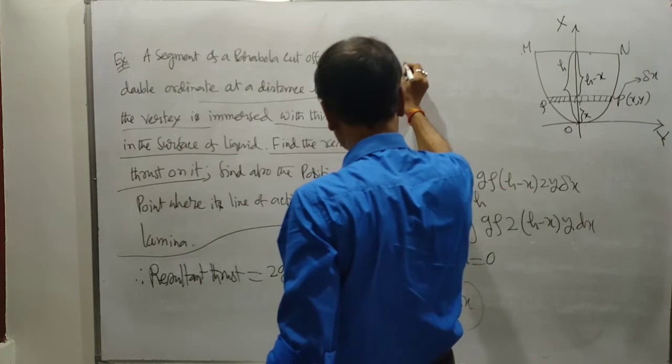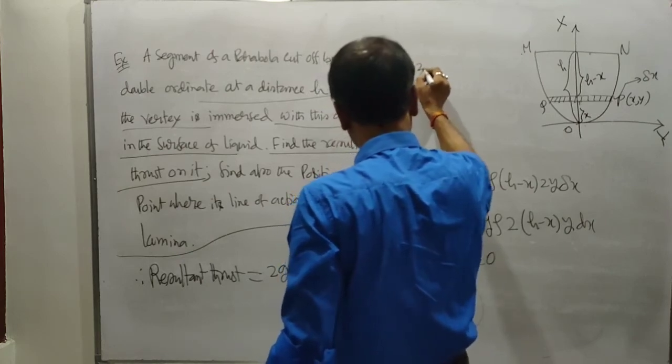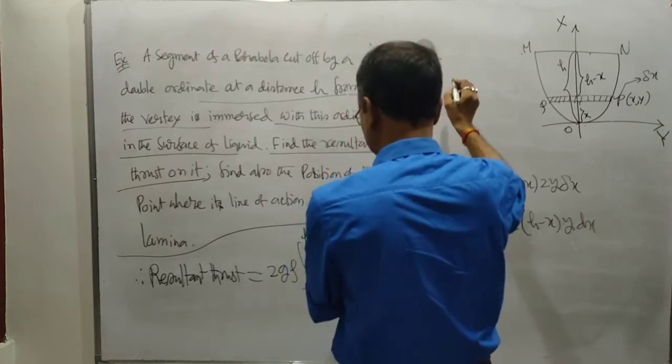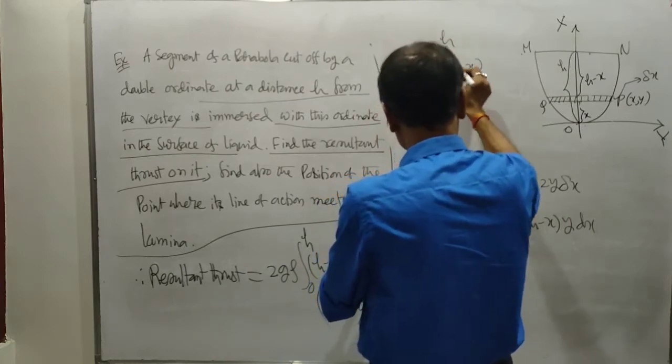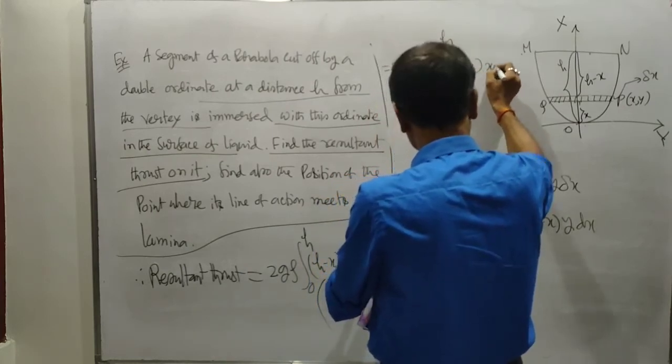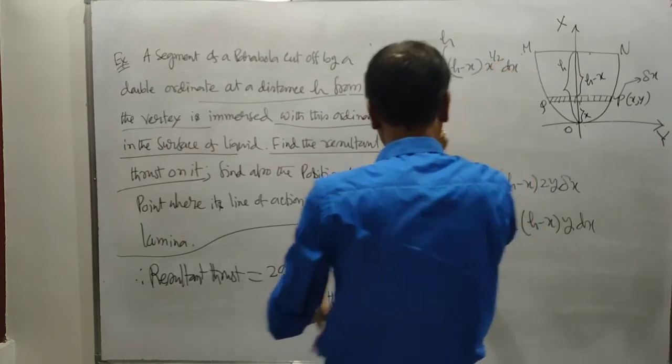This is equal to twice rho g times 2 root a, integration from 0 to h of (h minus x) x to the power half dx.